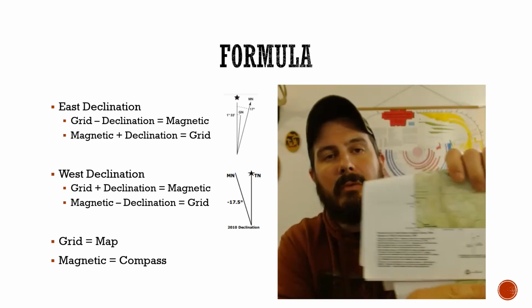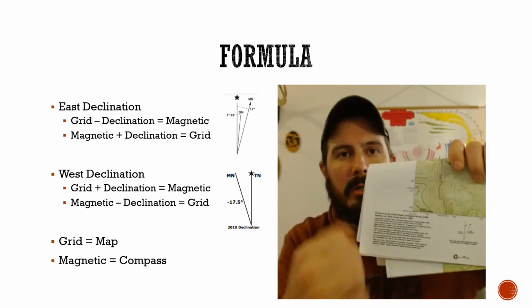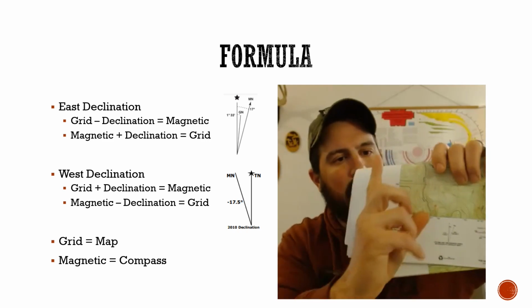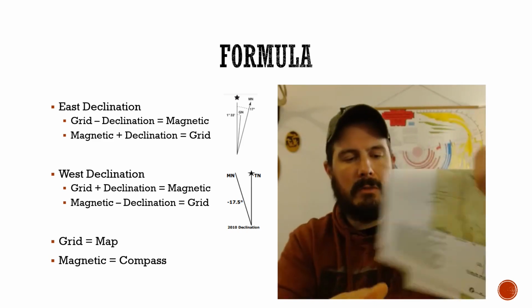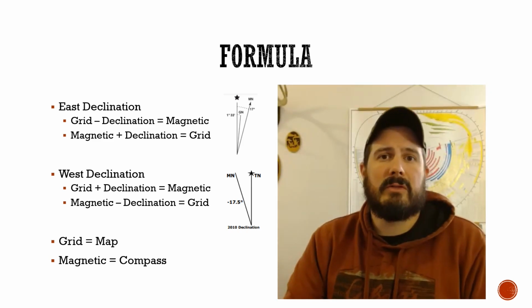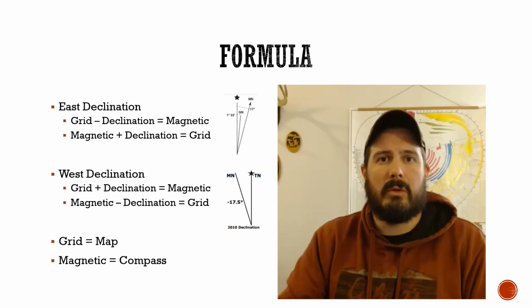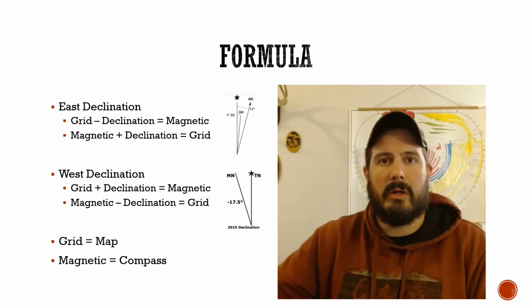So if we remember, we've got north, south, east, and west. If it's going that way, it's going towards the east. If it's going this way, it's going towards the west. Where does that lie? That line pretty much follows the Mississippi River down, if you want a big major landmark. So if you're going to be near that, you're going to be close to zero, and this math won't be quite as important to you.